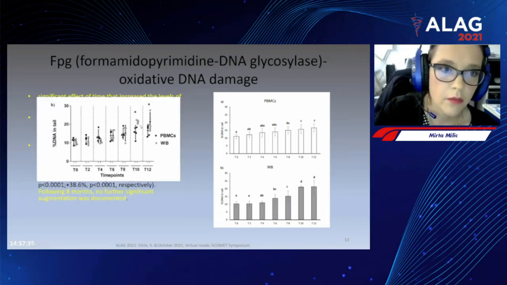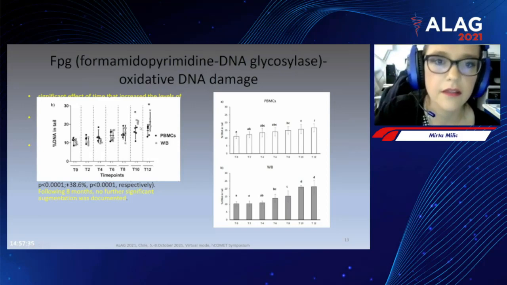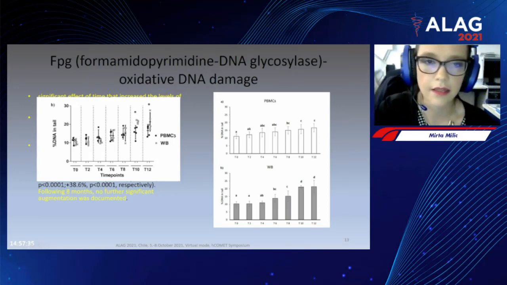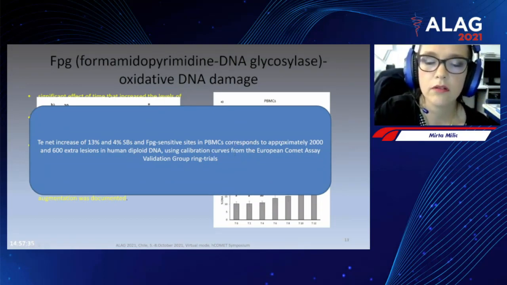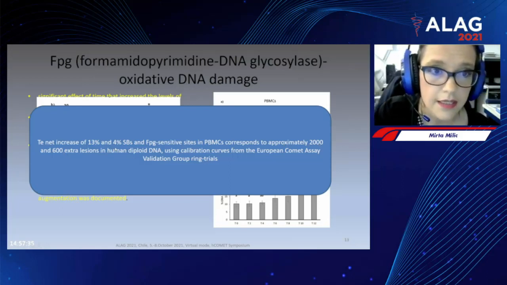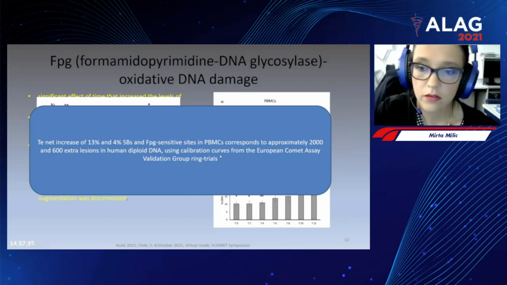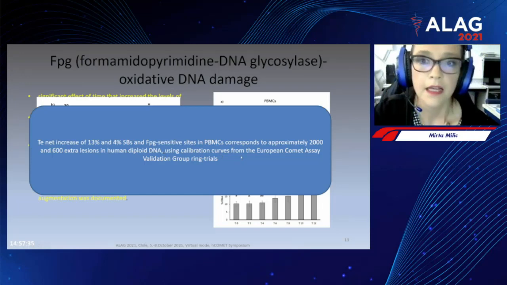When they compared the results up to 8 months, they were similar for both whole blood and PBMC, but after that, whole blood had slightly higher values. Using calibration curves for PBMC, they concluded that approximately 2,600 extra lesions had been made by the end of the 12th month of cryopreservation.